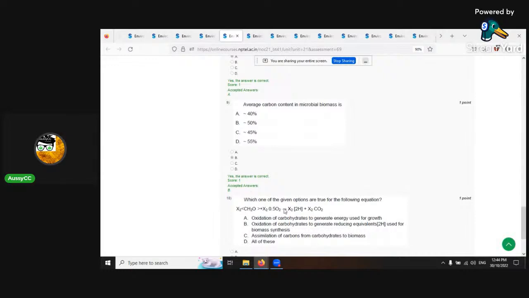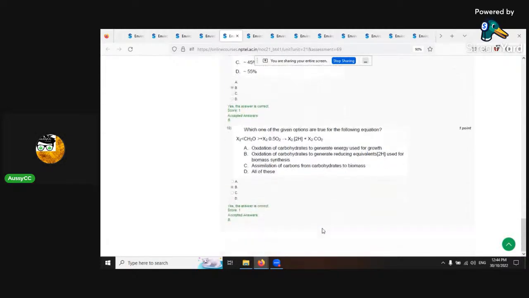We can see as it goes through here, it's going to reduce the hydrogen, the protons, so generate reducing equivalents. I'll go with B.